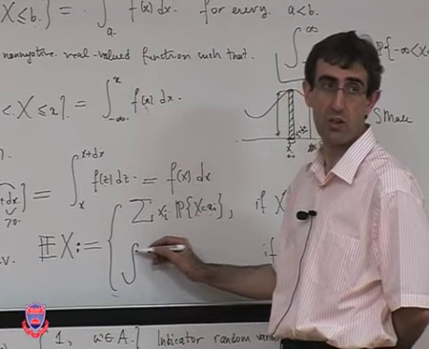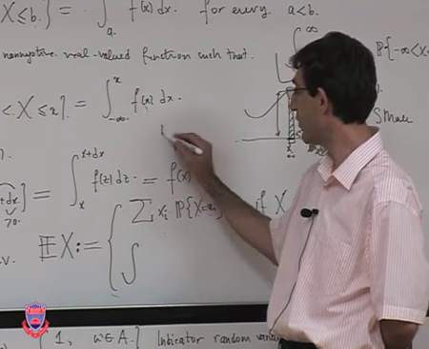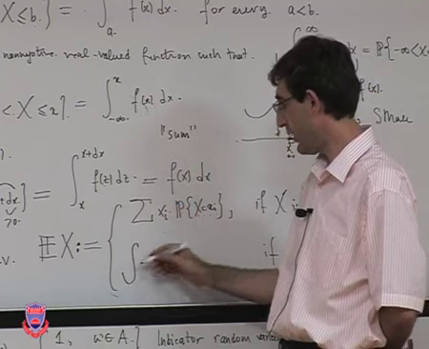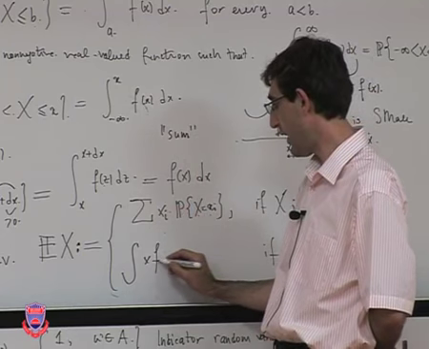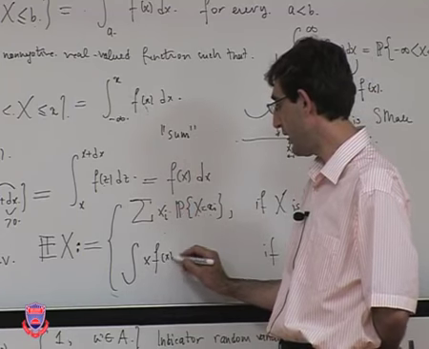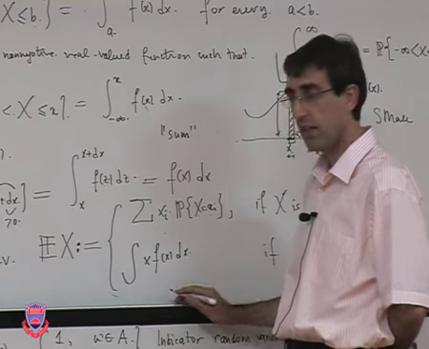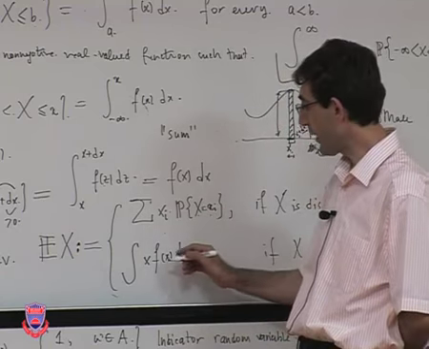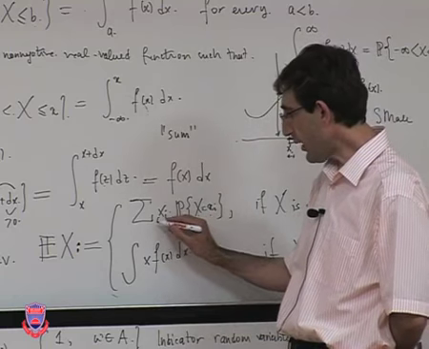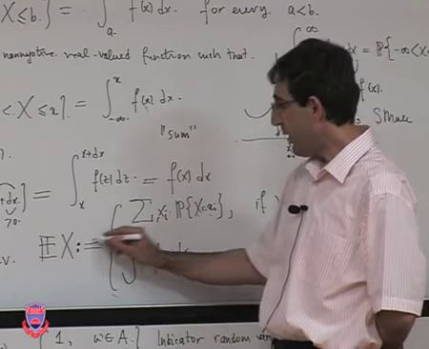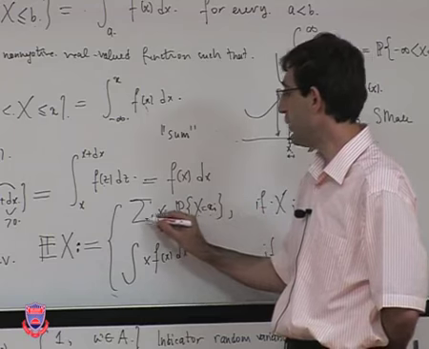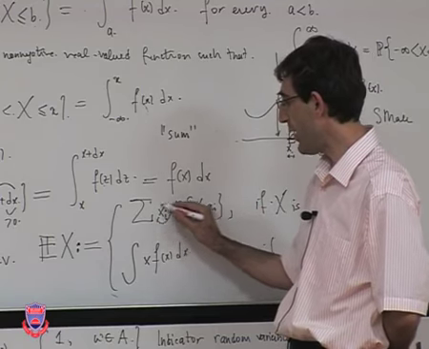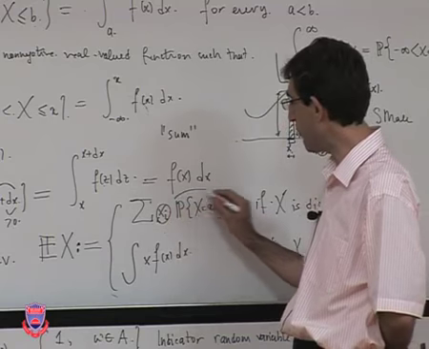It is nothing but an S, standing for sum. So it is x times f(x) times dx. These two formulas are not different at all from each other. Here we said that the expectation for a discrete random variable is the weighted sum of the values the random variable can take with the probabilities.